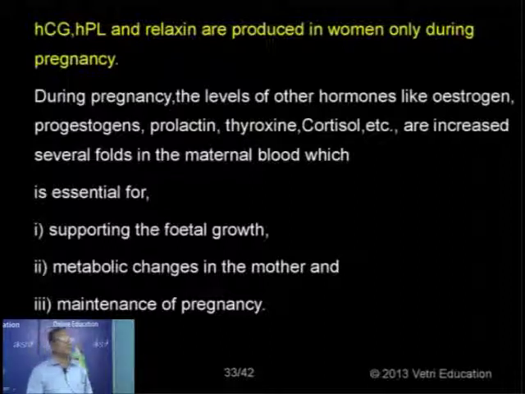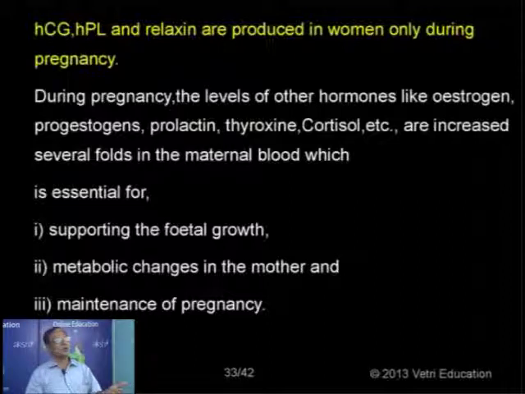In addition to this, in the mother's blood, some hormones increase many-fold. Mainly progesterone, estrogen, and prolactin.